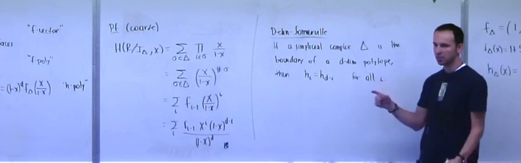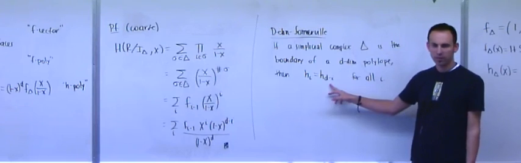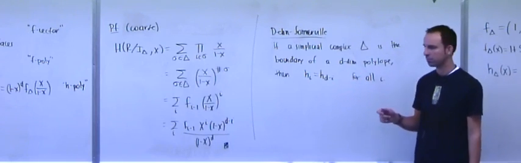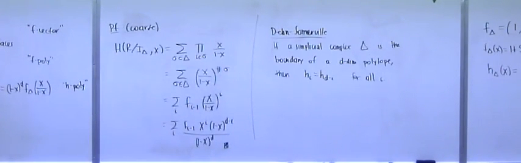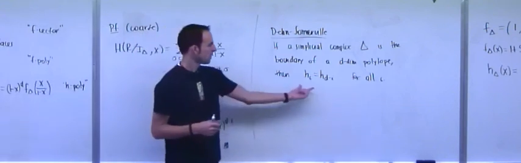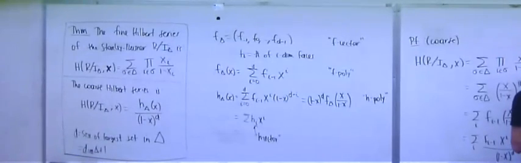What this is telling me is that it's giving me d over 2 equations between the F vector. If you think about it, each one of these H numbers is some combination of the F numbers. And so that means that each one of these very nicely encodes an equality involving the F vector of a polytope.